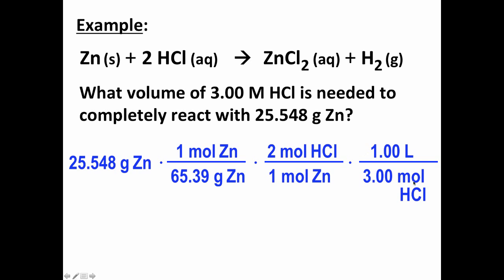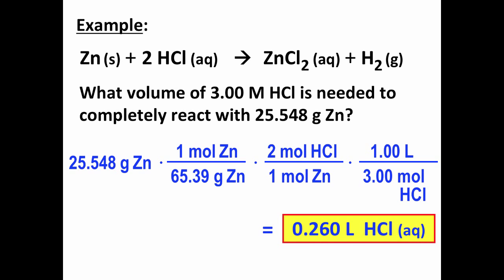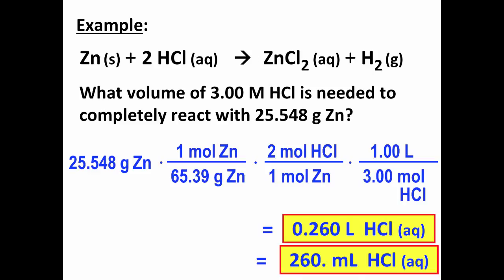And we know that there's 3 moles of HCl in 1 liter of solution. And so we string the calculations one after another. Grams of zinc cancels, moles of zinc cancels, moles of HCl cancels, leaves us with liters of HCl solution, or if you prefer it in milliliters, 260 milliliters of HCl solution.